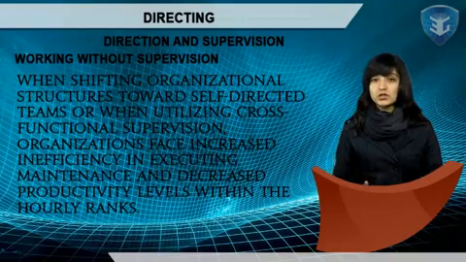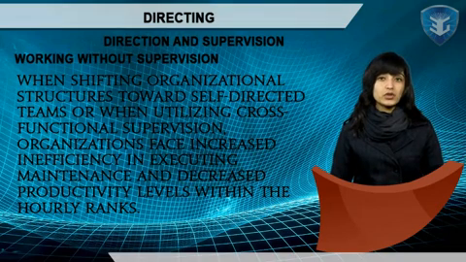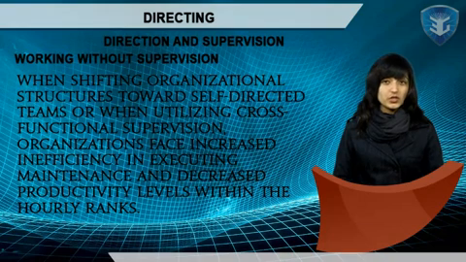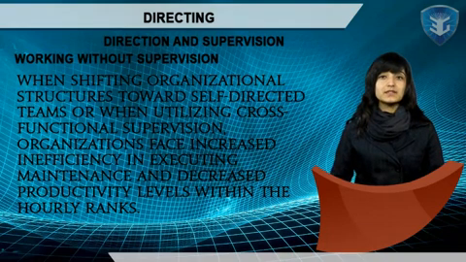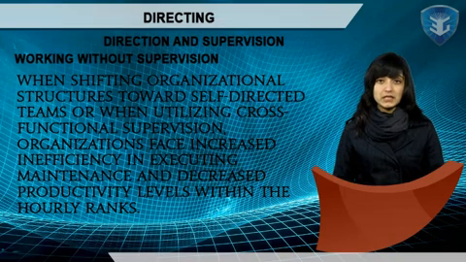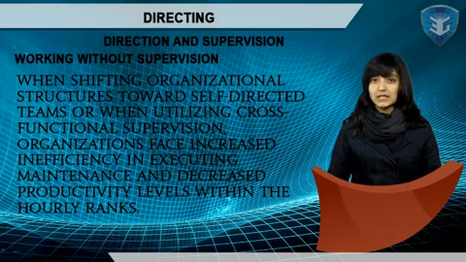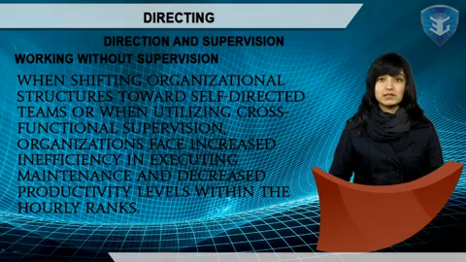Working without supervision. When shifting organizational structures towards self-directing teams or when utilizing cross-functional supervision, organizations face increased efficiency in executing maintenance and decreased productivity levels within the hourly ranks.